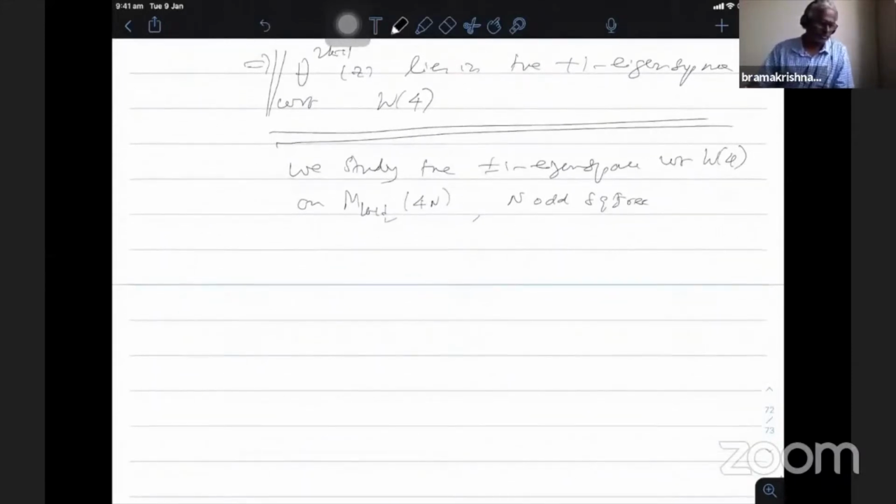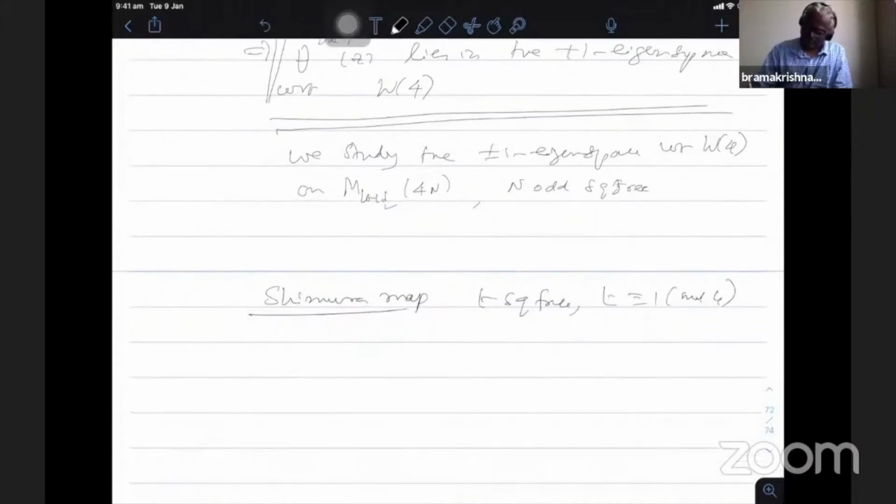So we'll have first to define what is a Shimura map for square free t. So Shimura map. So t is square free, t is 1 modulo 4. I'm not talking for all t, and minus 1 power k times t is positive. Then the t-th Shimura map.